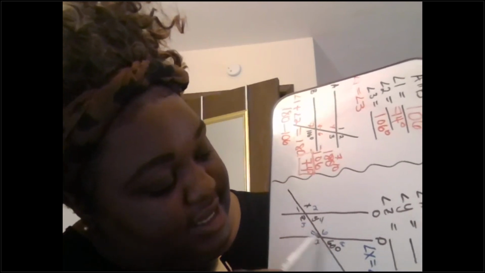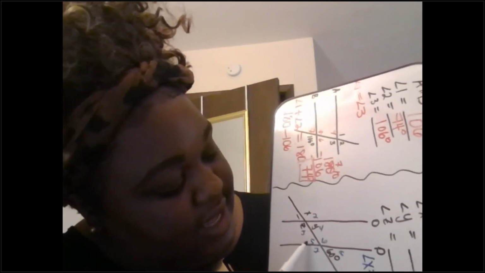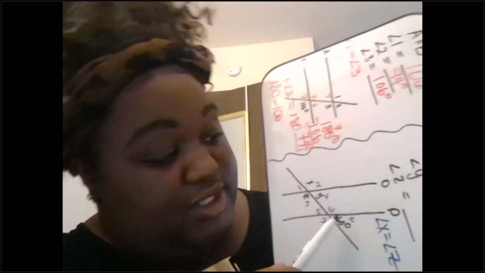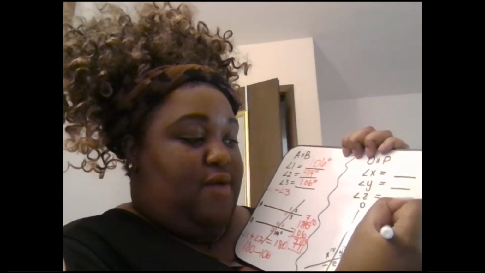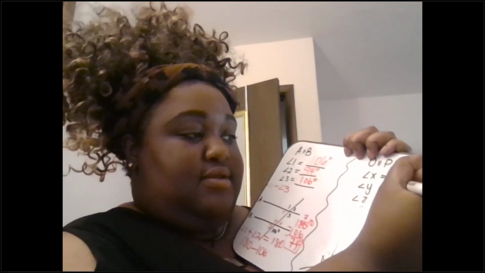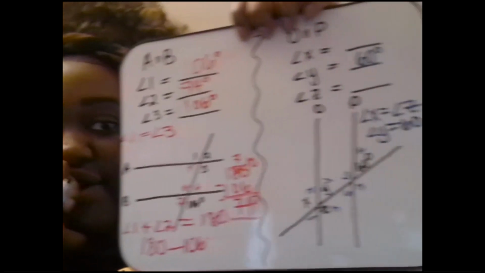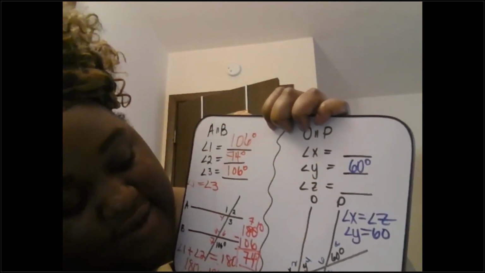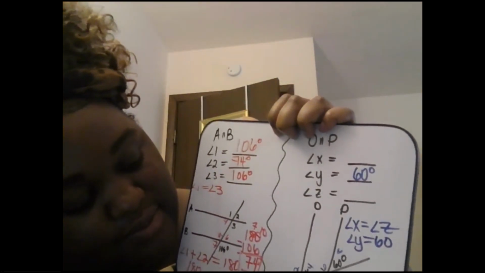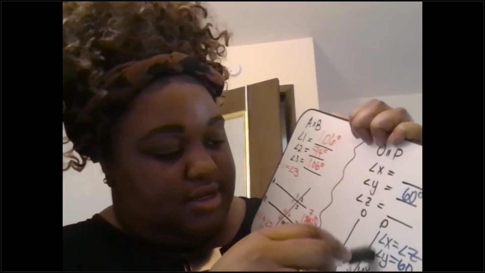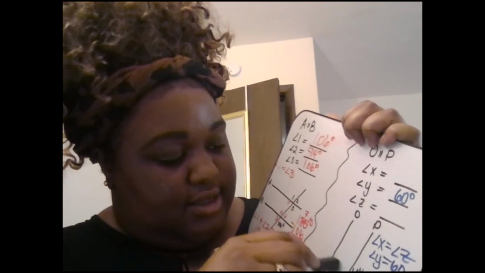And those two are also equal to angle 5, which we don't know, and angle 8, which we do know, which is the 60 degrees. So that lets me know that angle Y is equal to 60 degrees. So knowing that, I can figure out what X and Z are because of these relationships. I'm actually going to erase a little bit of this because I don't want to confuse anybody.